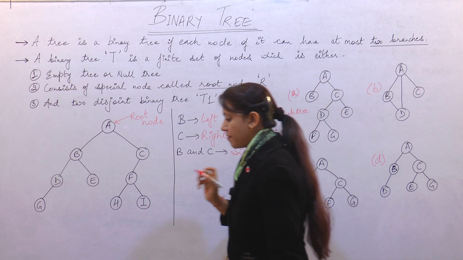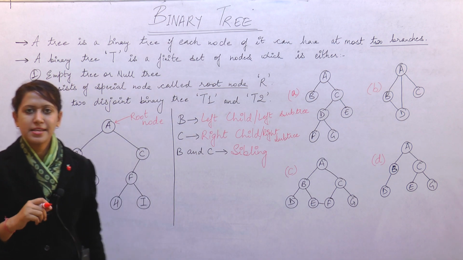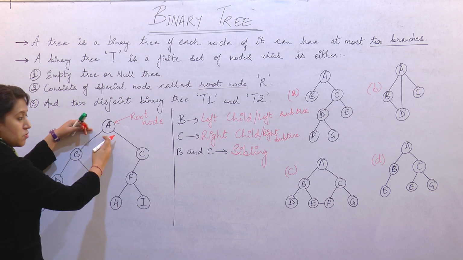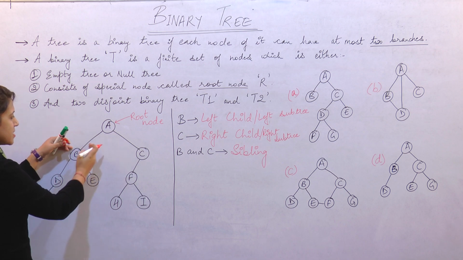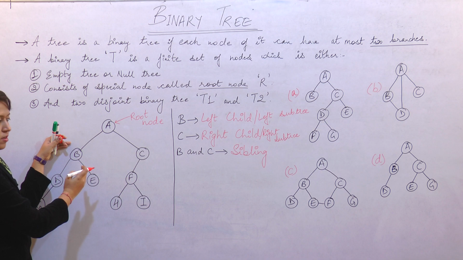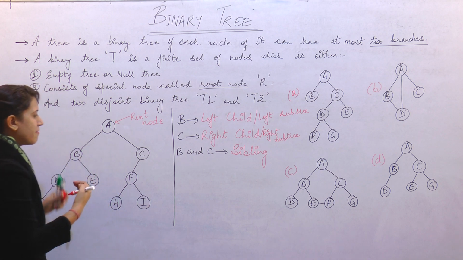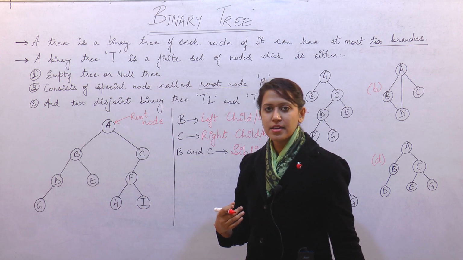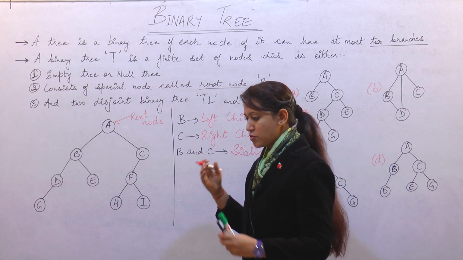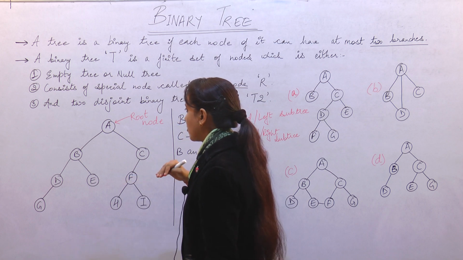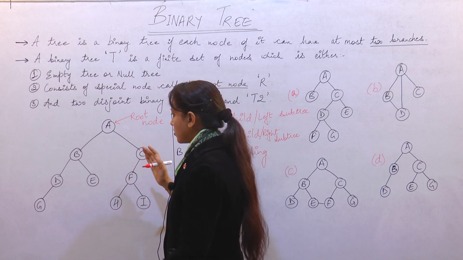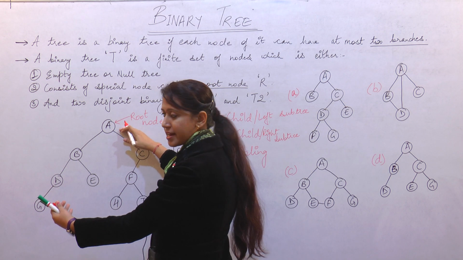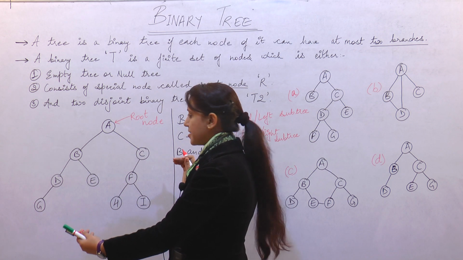We call them left and right because A is our root node, and B is present on the left side of A. We see left and right according to our own left hand and right hand. When we look at this tree, B comes on our left-hand side and C comes on our right-hand side.